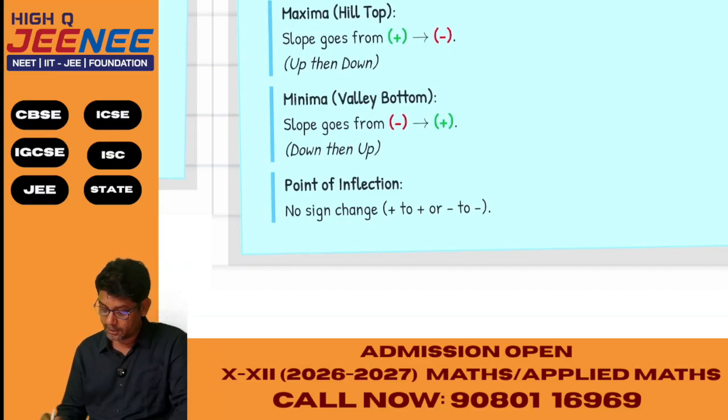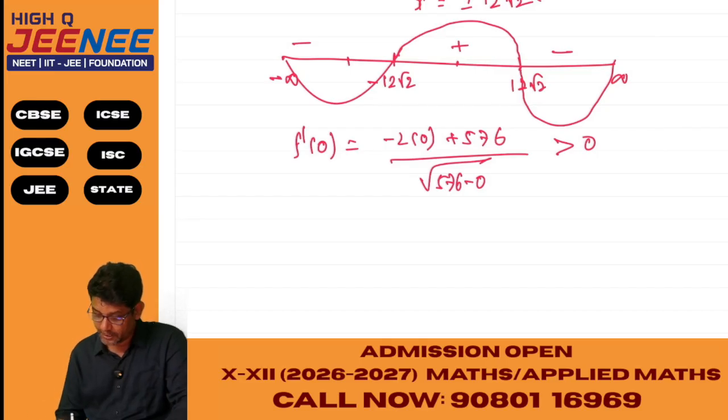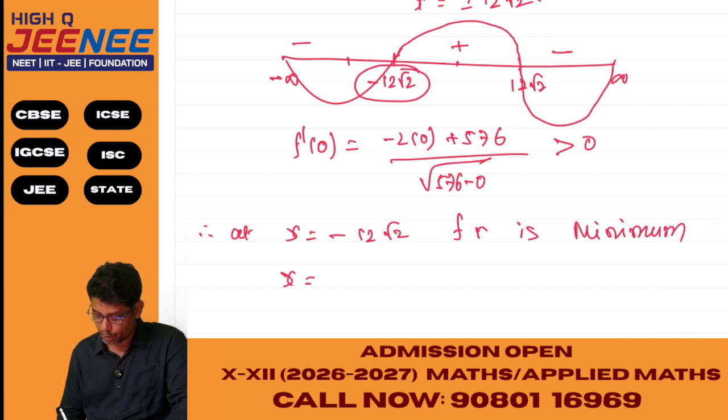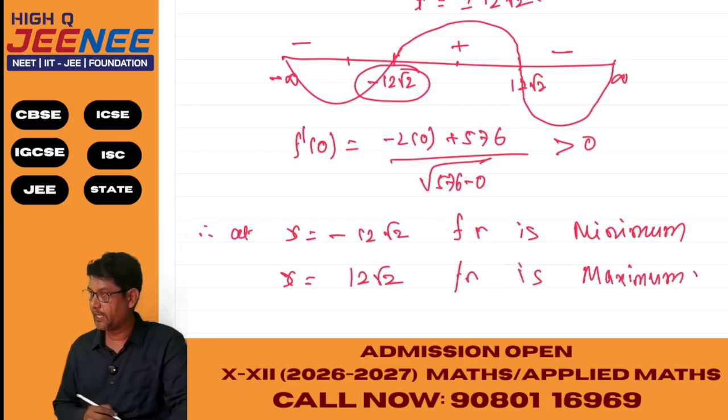Plus to minus means maximum. Am I right? So what will come? Minus to plus at x equal to minus 12 root 2, function is minimum. At x equal to plus 12 root 2, function is maximum. Is it clear, all of you?